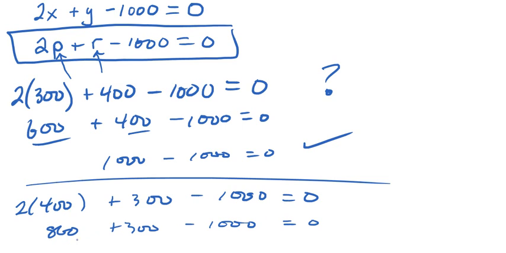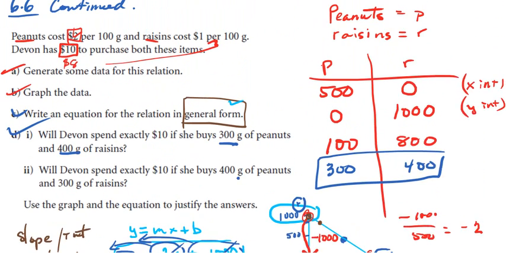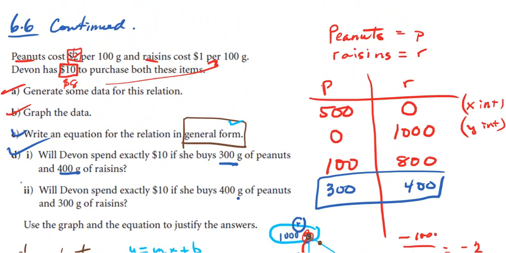Nope, that's 1,100 minus 1,000, which is going to be 100 on this side. So that does not fit with our equation. The answer to this last part would be yes and no, and then you would show your work and confirm that.